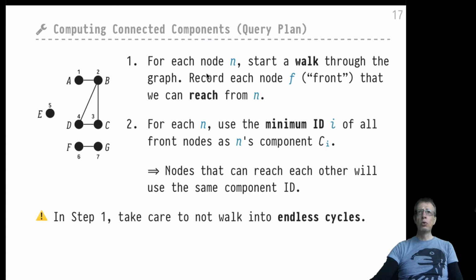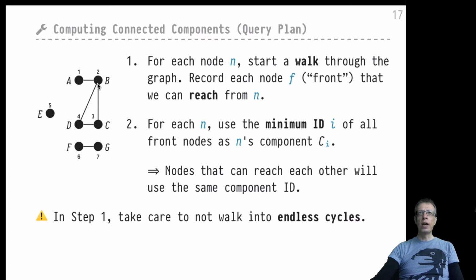So for each node M, when I'm saying that here, that means for each of the 7 nodes A to G, I will do the following. I will start a walk from A. I will start a walk from C. I will start a walk from G. I will start a walk from every node that I can get. For each of these starting nodes, I will record which nodes I can actually reach. So from A, I will be able to reach B, that's obvious.